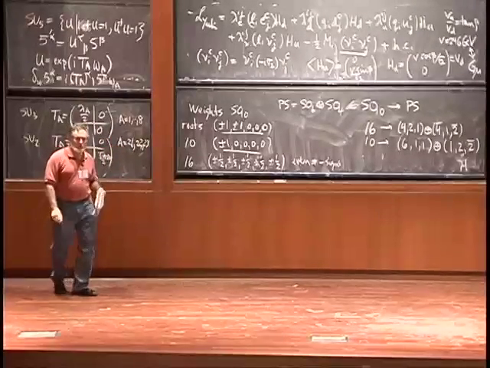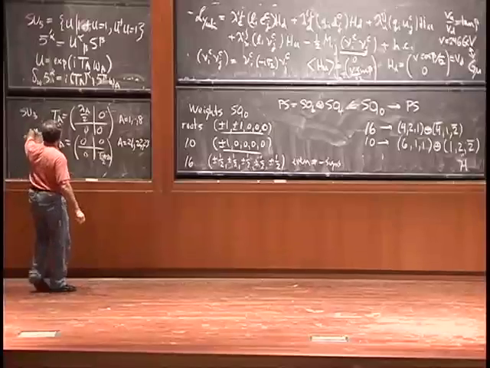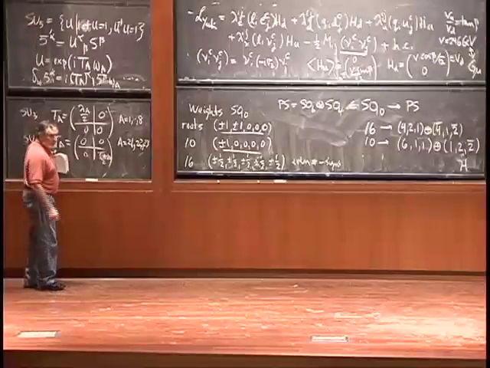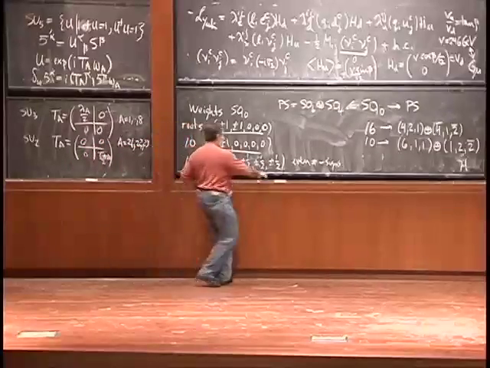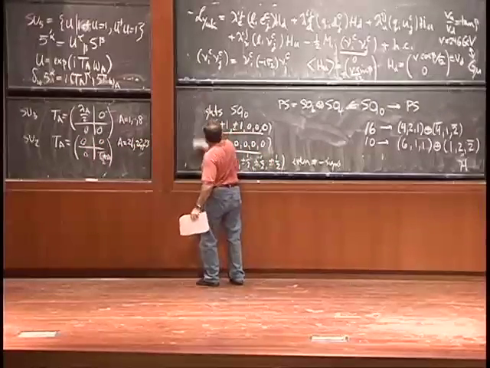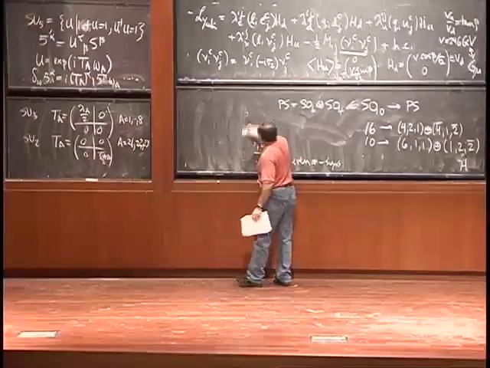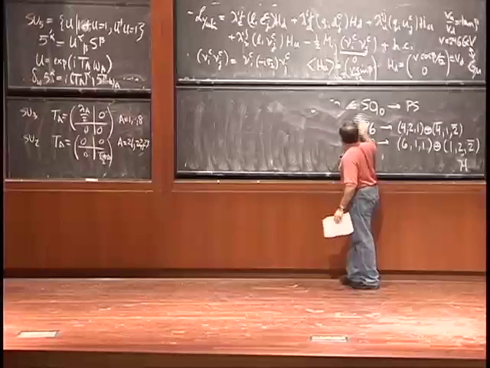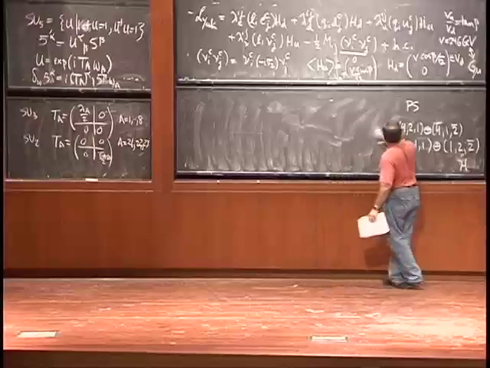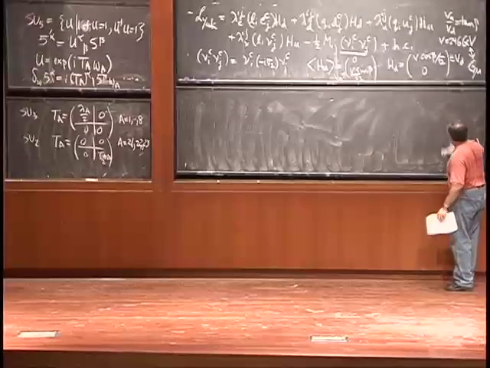Those give you the SU(2) generators of SU(5). Clearly, these commute with these. There's a U(1) generator, which is hypercharge, which we'll work out in a second. And then there are all the other generators, which are not in the standard model, which are in SU(5) divided by the standard model gauge group.